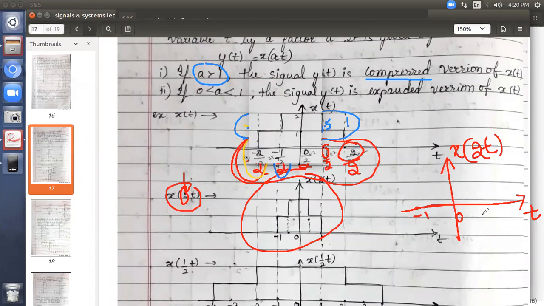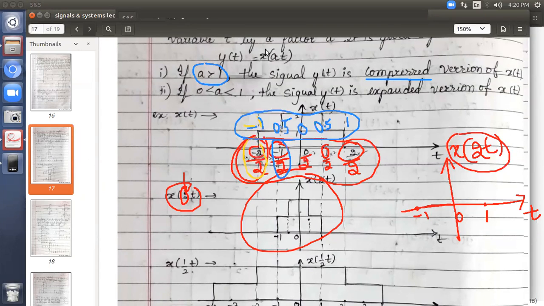No doubt it is 1 unit only. Just to show you the detailed signal, I'm taking a bigger length. But it is 1 unit only, between 0 to -1, between 0 to 1. Now, we will try to mark the amplitudes for the changed signal, this output.